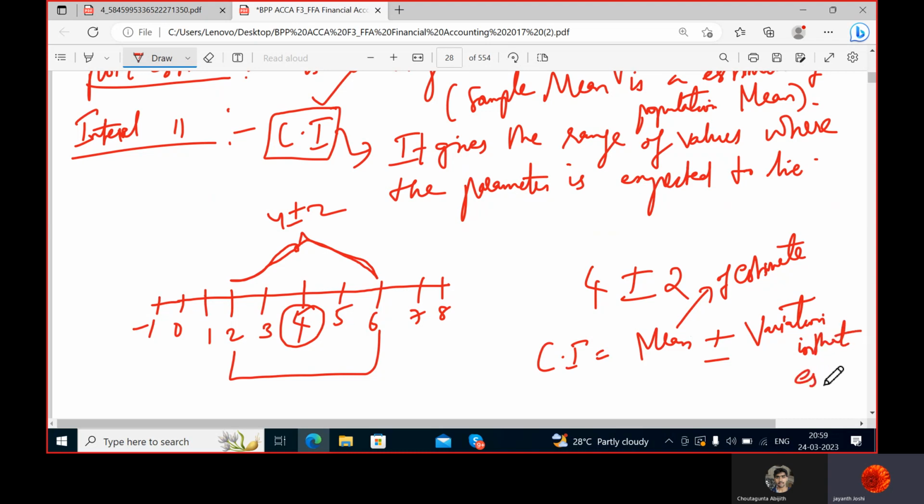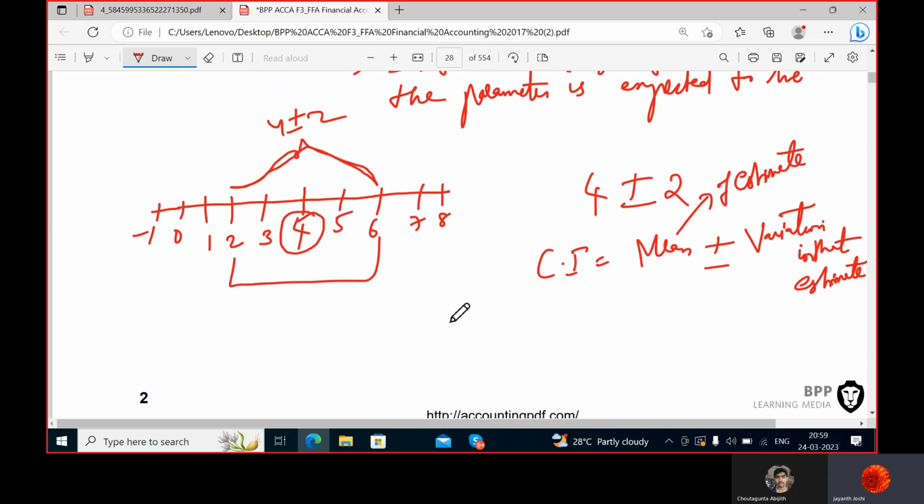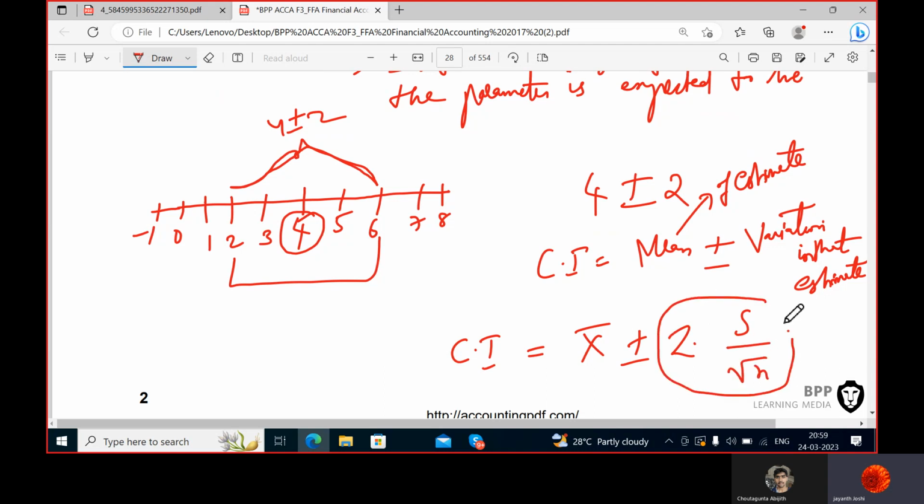Easy to understand. And generally the formula of confidence interval, if I have to give you, I'll give it here. Confidence interval is equal to x bar plus or minus z into s by root n. This particular factor is nothing but the variation. Correct? What is this z here, Abhijit?